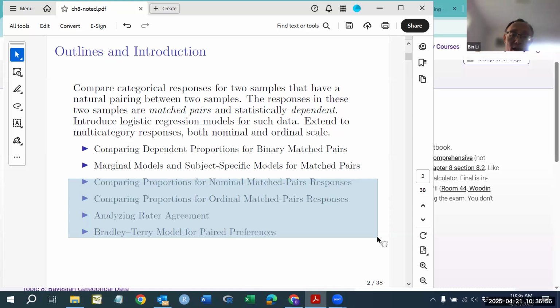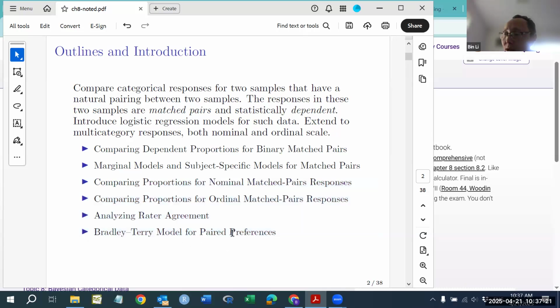They extend from binary to multi-category nominal responses, and also to ordinal responses, and then to rater agreement and the Bradley-Terry models. But I have the notes there, so if you are interested, you can read the notes and the textbook.